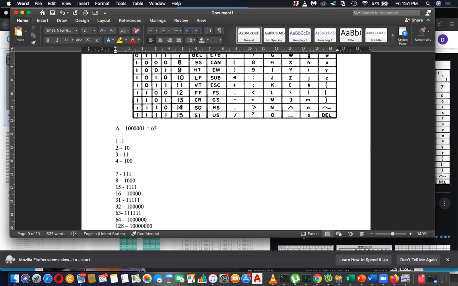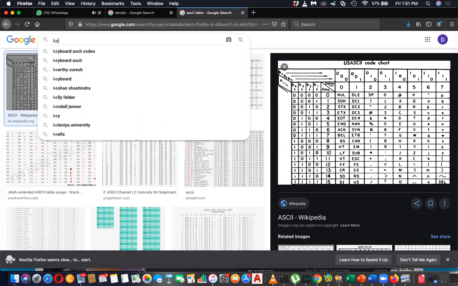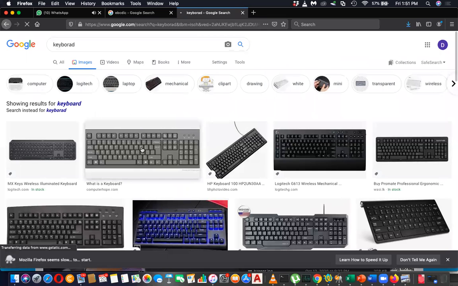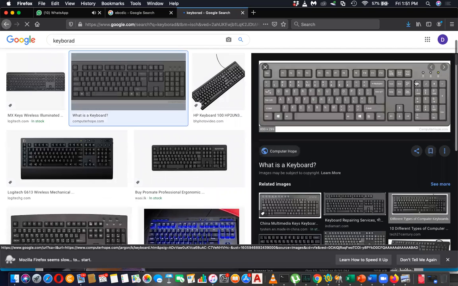If you are using a computer, type the Alt key plus a number on the numpad. On your keyboard you have a separate section called the number pad, not these numbers at the top.